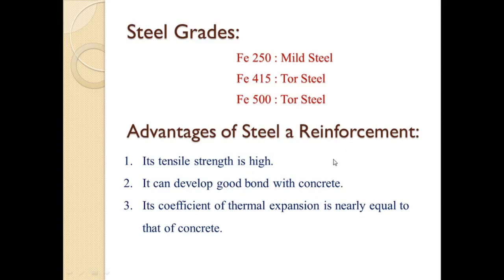Because the coefficient of thermal expansion of steel is nearly equal to that of concrete, the cracks due to thermal expansion, that is shrinkage cracks, will not develop on the surface of the concrete. Therefore we are using only steel.